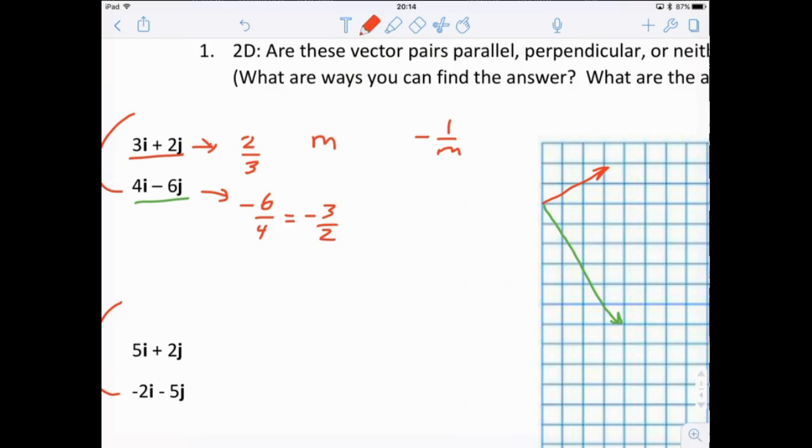So now we've just confirmed that the m and negative 1/m relationship is maintained here. Do you see how this is m and this is negative 1/m? This is the negative inverse. So we've confirmed that the slope of one is the negative inverse of the slope of the other, so we have confirmed that these two vectors are indeed perpendicular.